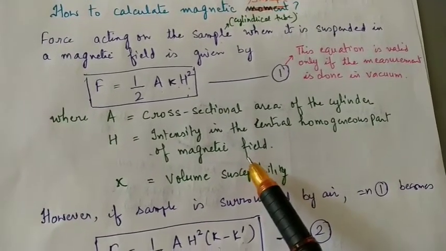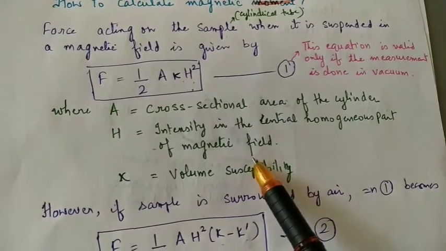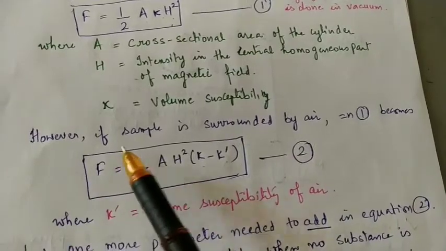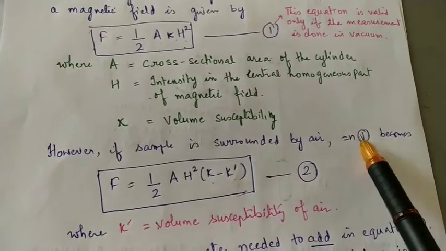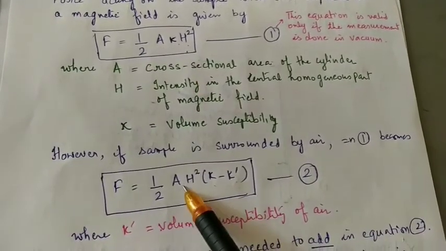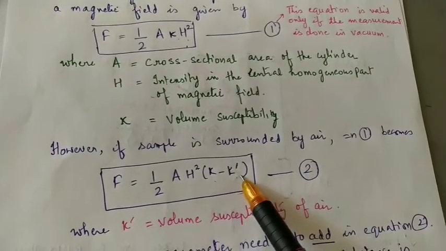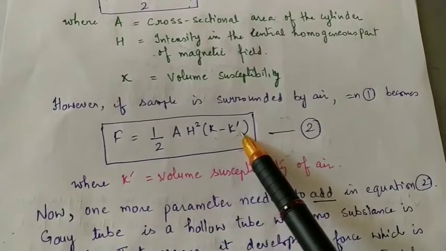This equation is valid only if the measurement is done in vacuum. However, if the sample is surrounded by air, equation 1 becomes 1/2 A H squared (kappa minus kappa dash), where kappa dash is the volume susceptibility of air.